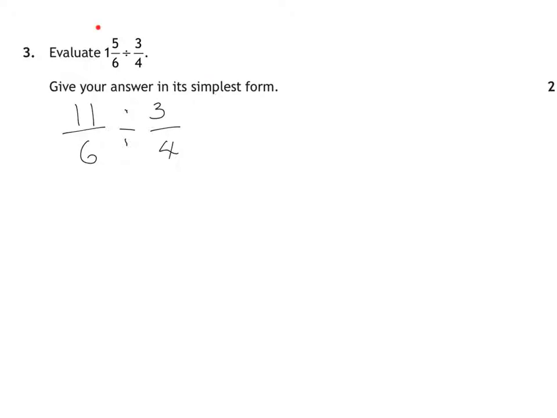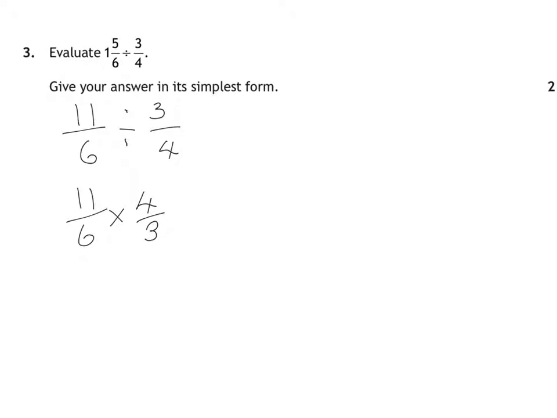Remember, it's 1 times 6 plus the top number, so 11 over 6, divided by 3 over 4. Now remember, to divide fractions, we flip the second fraction and change our sign to a multiply.